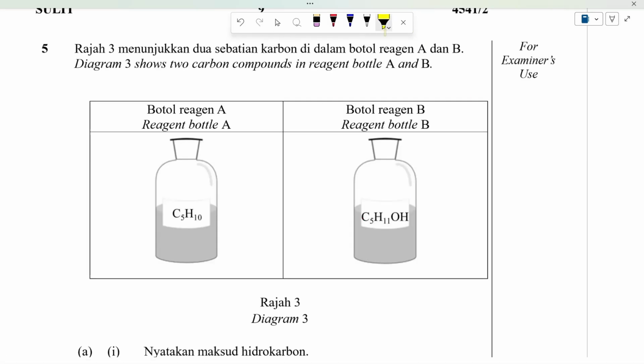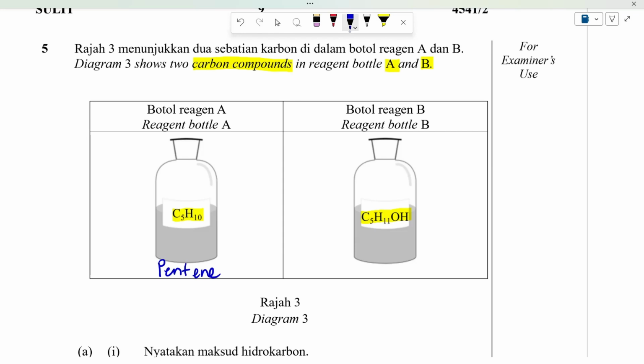It shows 2 carbon compounds in the reaction bottles A and B. A is C5H10, B is C5H11OH. Class, what is this? C5H10 is what? How can we name it? Pent-, then ene. Pentene.